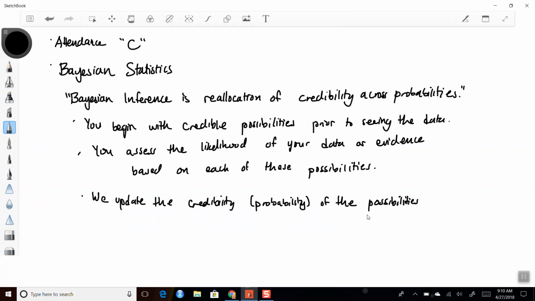There might be 4 suspects that you have, maybe we should say 4 persons of interest, okay? And you look at the data, you look at the evidence that you have, and you say, how likely is it to have this evidence if this person of interest is the perpetrator of the crime, you know?